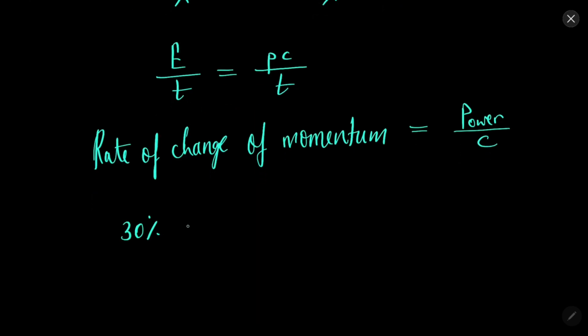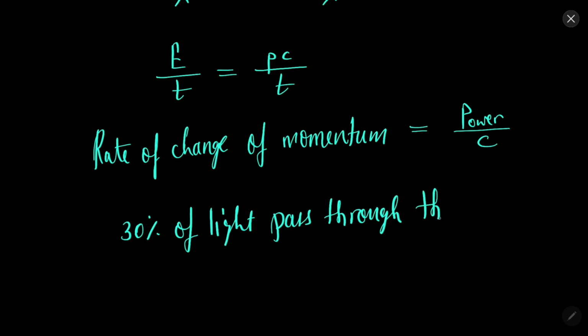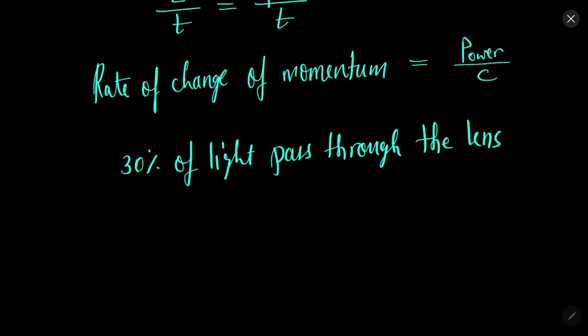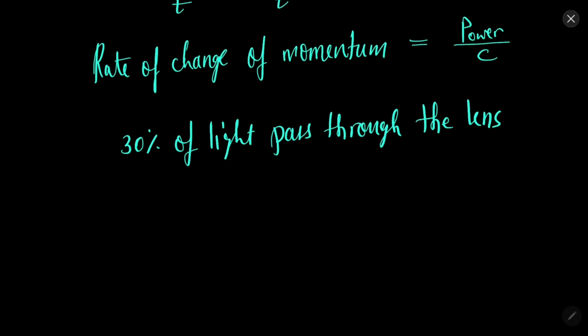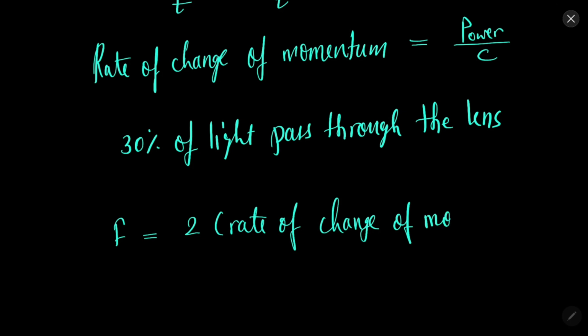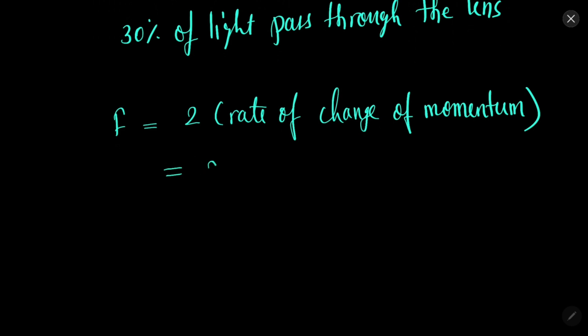So 30% of light passes through the lens, so that is 70% is absorbed, or we should say 70% is reflected. So force exerted will be twice rate of change of momentum. So it will be twice power over c.